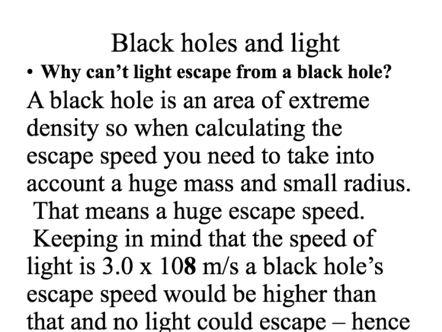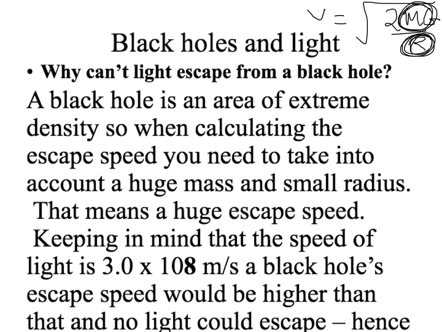Last thing I want to talk about is why black holes, why can't light escape from a black hole? Well, if you think about the formula that we just looked at, that V is equal to the square root of 2 times M times G over r, what's happening here in a black hole is that the density is crazy, crazy high. And so the mass of the black hole is so incredibly high compared to the radius, a very tiny radius.